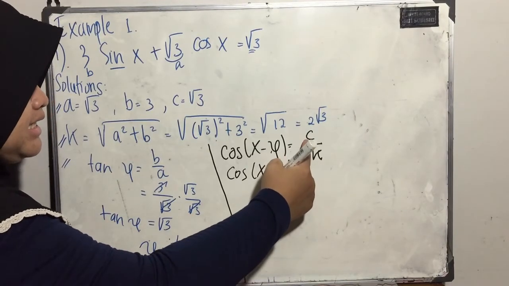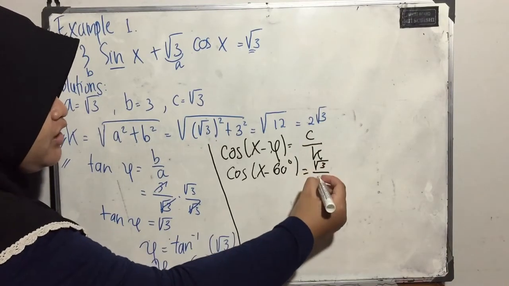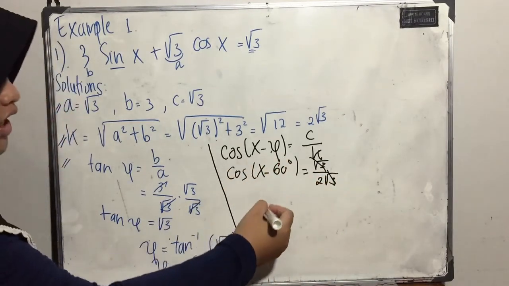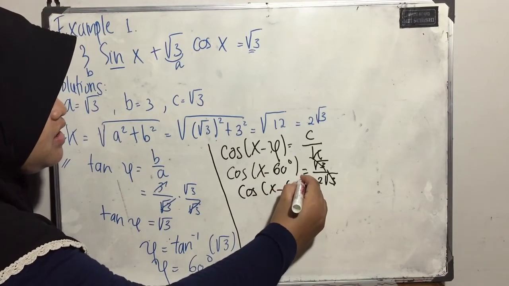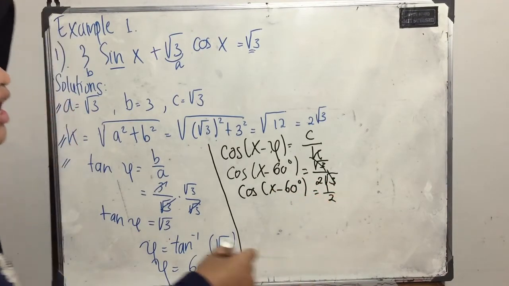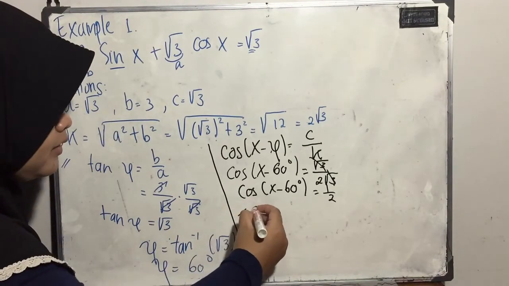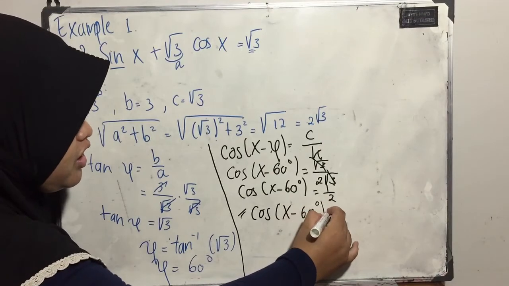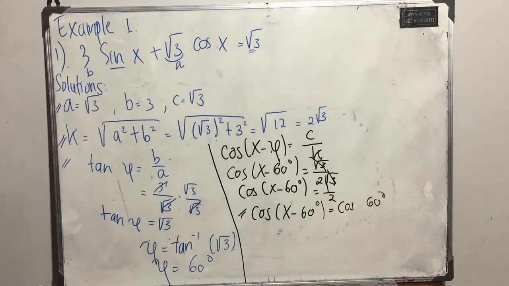It's equal c is square root of 3 divided by 2 square root of 3. So we can cancel each other. So from here we got cosine x minus 60 degree is equal half. So you can think what the cosine that's showing the degree is half. So we got cosine x minus 60 degree is equal cosine 60 degree, right?